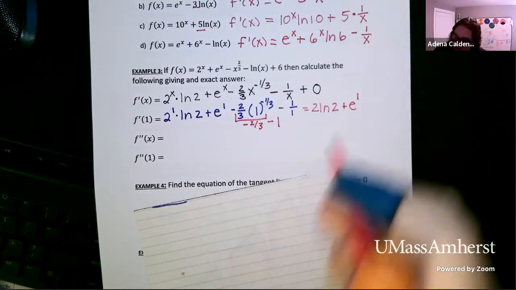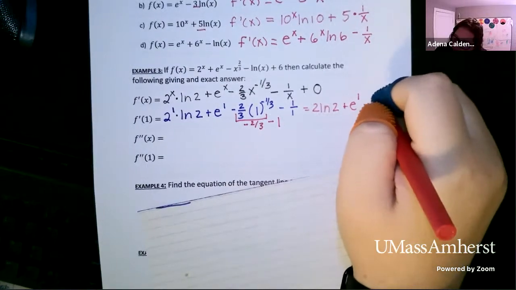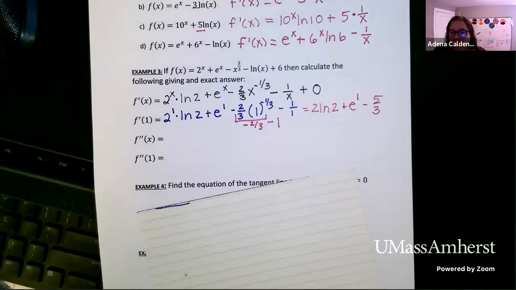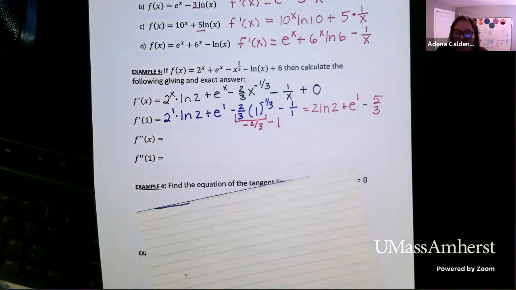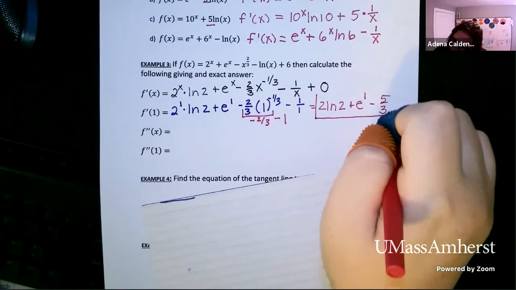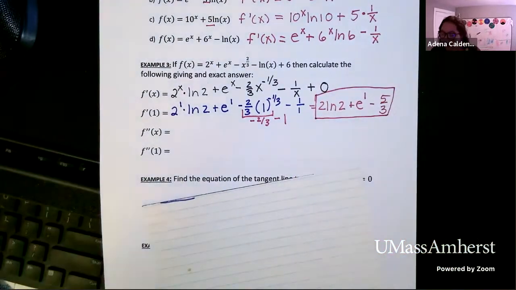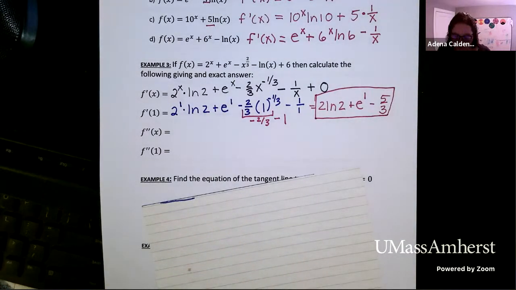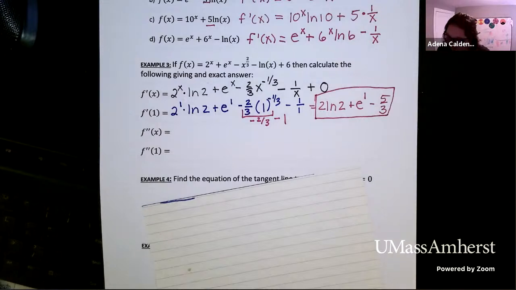So we can put those together and write this as minus 5/3. Right? They're both negative. We would turn the 1 into 3/3. And so this is what our f prime of 1 would look like if we didn't simplify any term that would make it not exact.